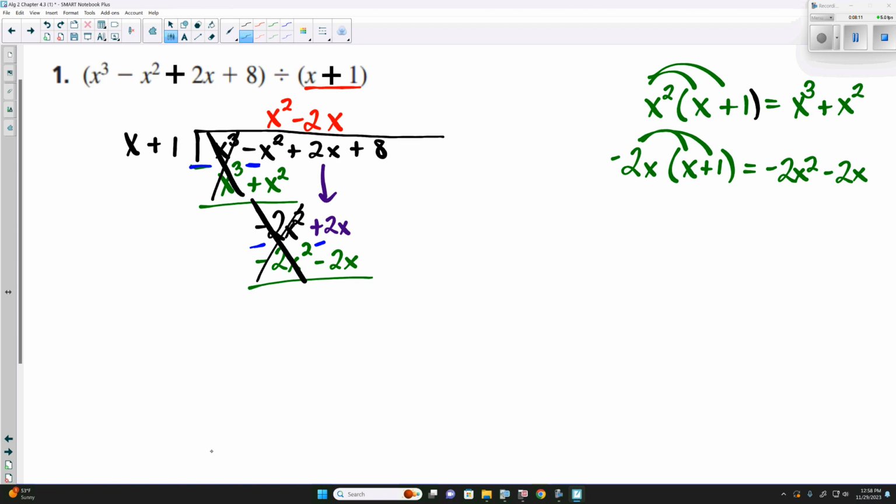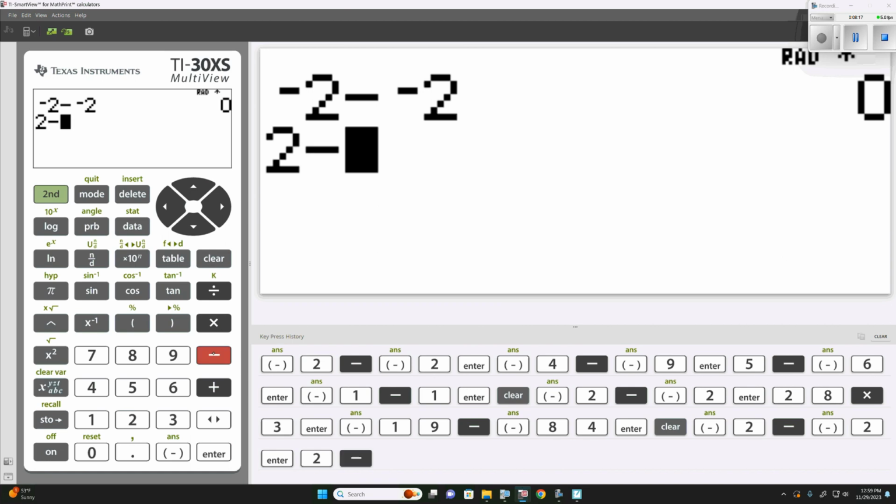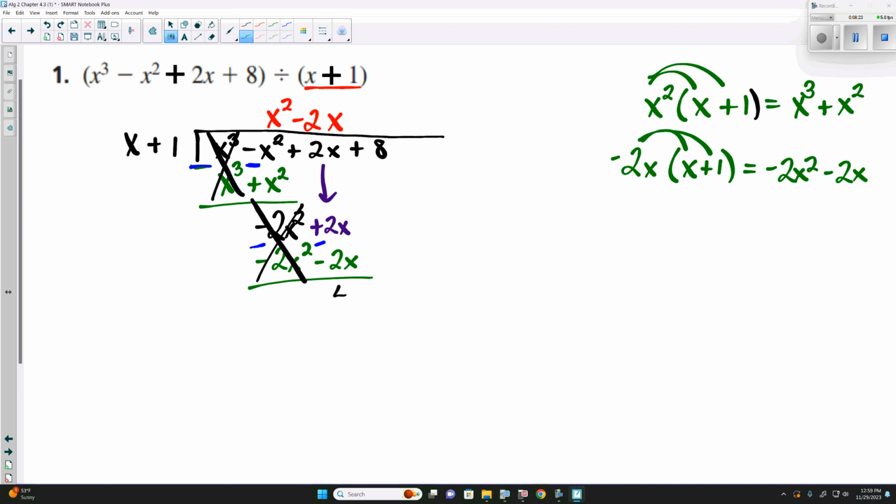Now the next one's 2x minus negative 2x. So we could do that in the calculator, say 2 minus negative 2 is 4. In our case, it would be 4x. Because again, the TI-84 Plus needs a value for x.